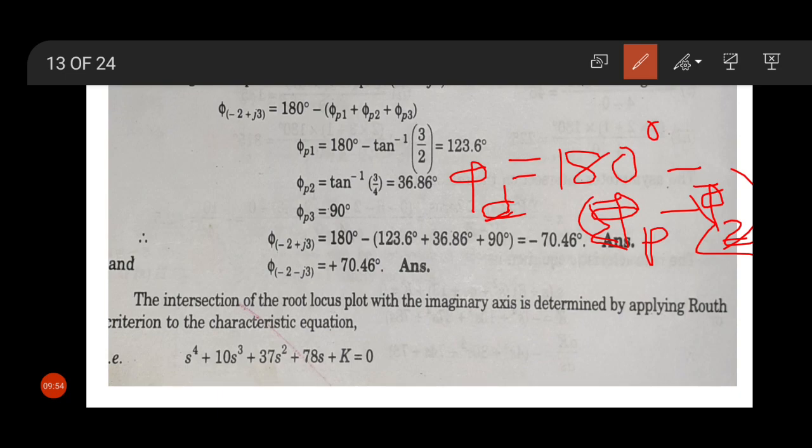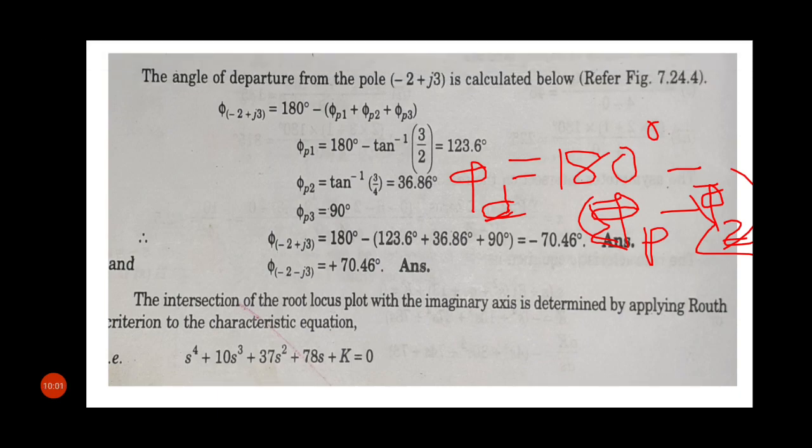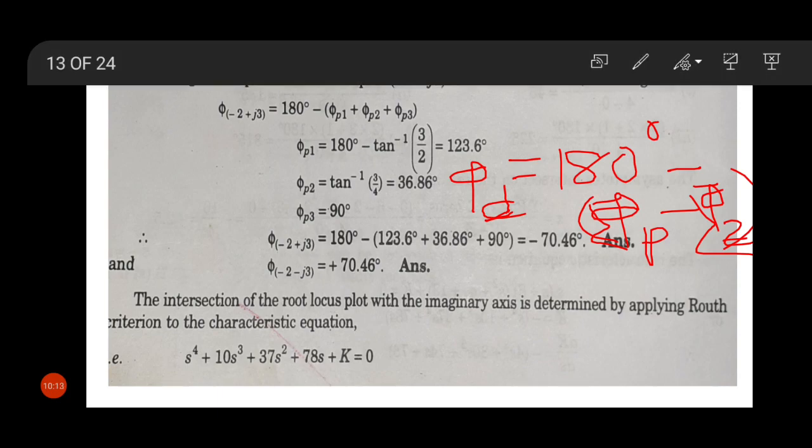Okay, now see here, the angle of departure from the -2 + j3. So first we consider this complex pole -2 + j3. For this pole we calculate the angle of departure by this equation.